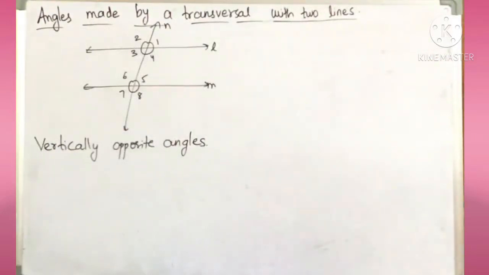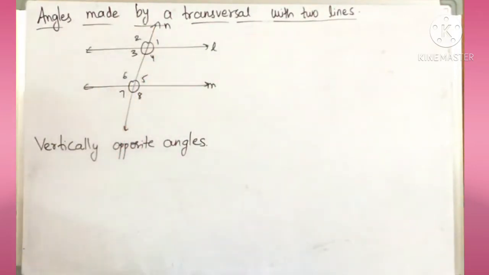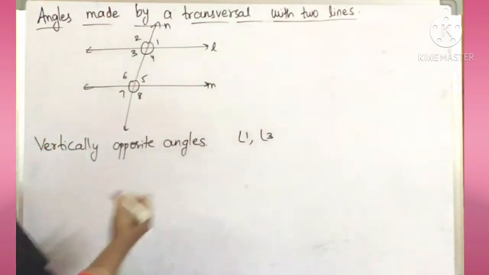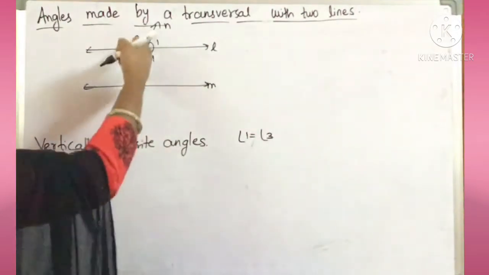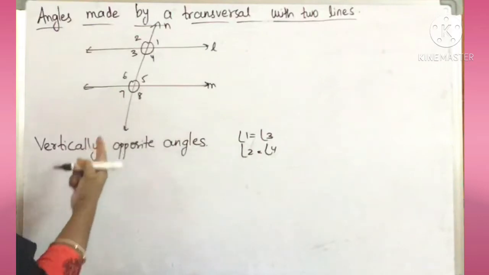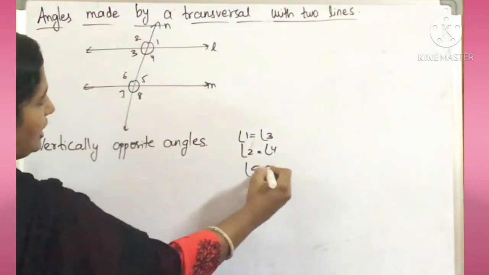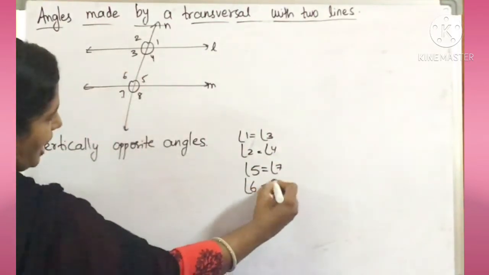Now if you take this 1, 2, 3, 4, what are the vertically opposite angles there? Angle 1 and angle 3 are vertically opposite angles and they are always equal. Next, angle 2 and angle 4. Next, 5 and 7, and 6 and 8.